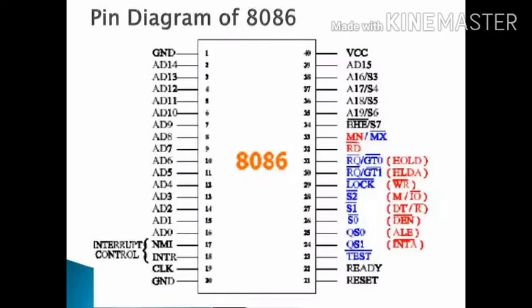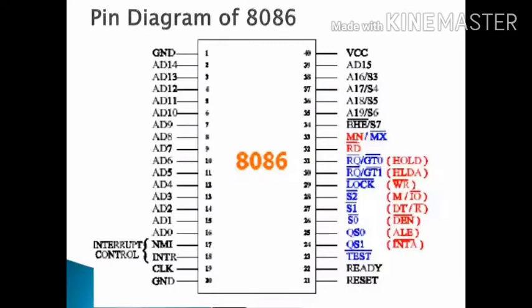Similarly 8086 will send out address information on A16 to A19 during the T1 clock cycle, and the same pins would be used as status information S3 to S6 during the later clock cycles.